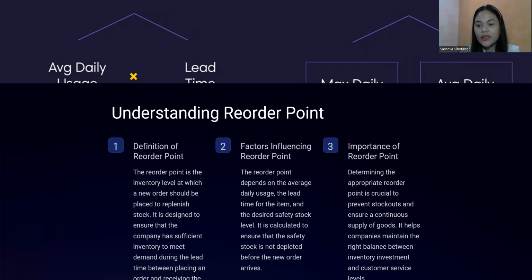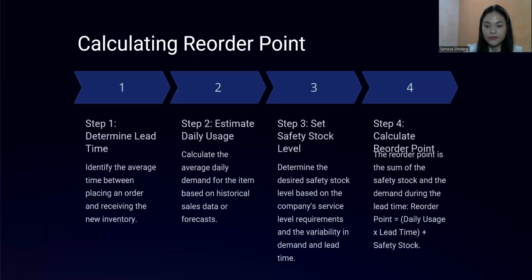Third, importance of reorder point. Determining the appropriate reorder point is crucial to prevent stockouts and ensure a continuous supply of goods. It helps companies maintain the right balance between inventory investment and customer service level.